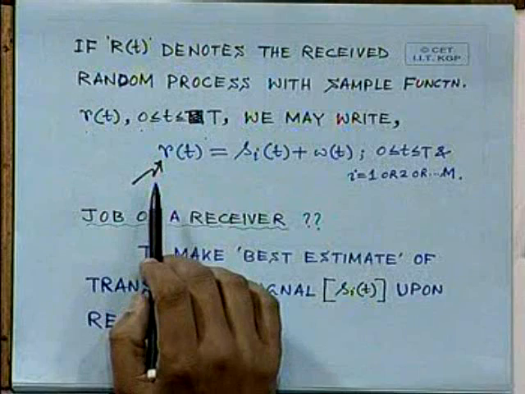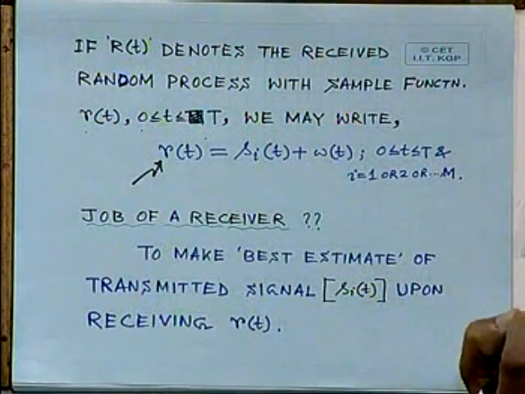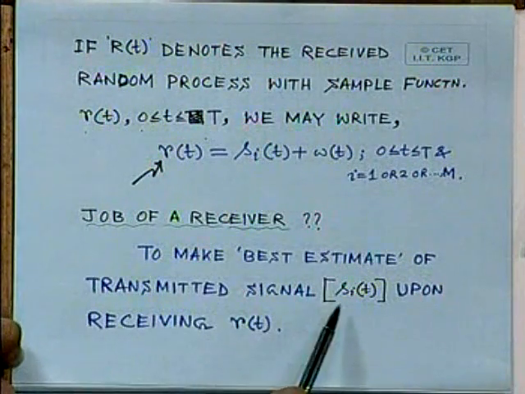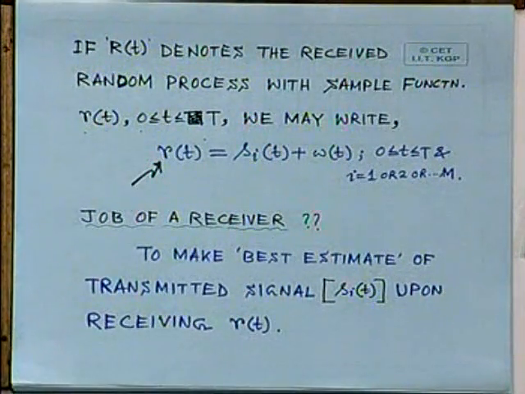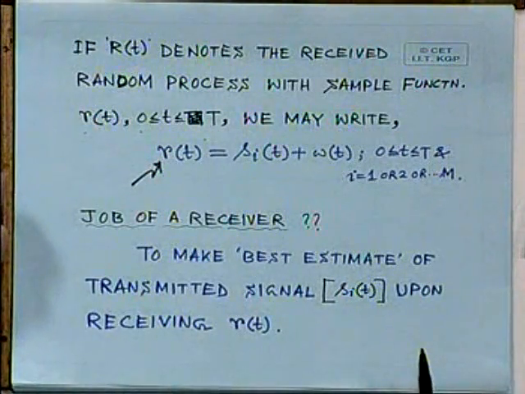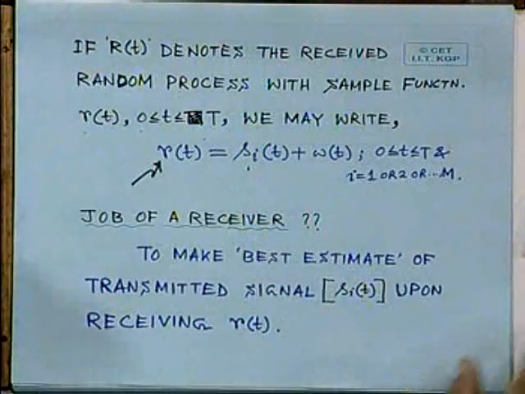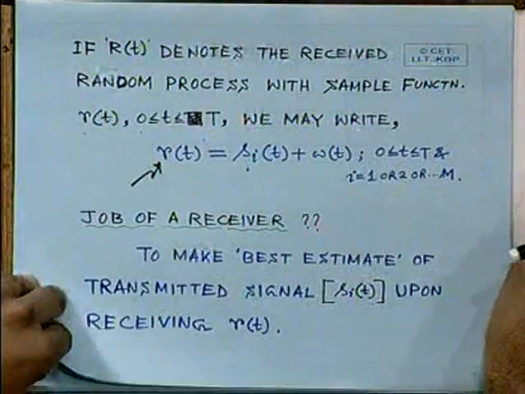So, I have my description here, you can contradict: it is to make the best estimate of the transmitted signal s_i(t) upon receiving r(t). Is it not? What you receive is r(t), okay, at a distant place, and your job is to make an estimate, which is some kind of decision ultimately on s_i(t): what symbol was, what signal was transmitted, isn't it? So, we will elaborate on this point.